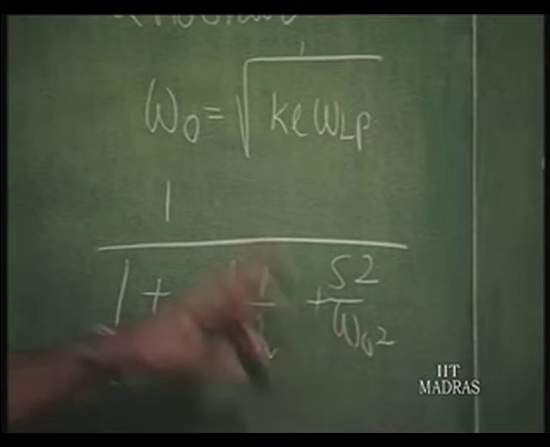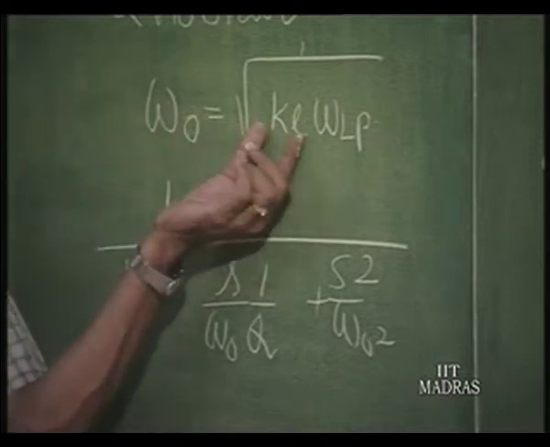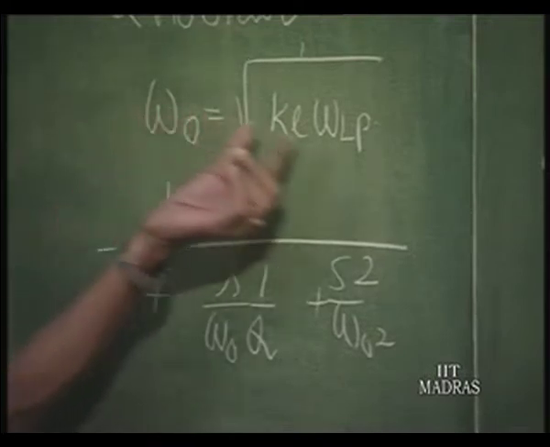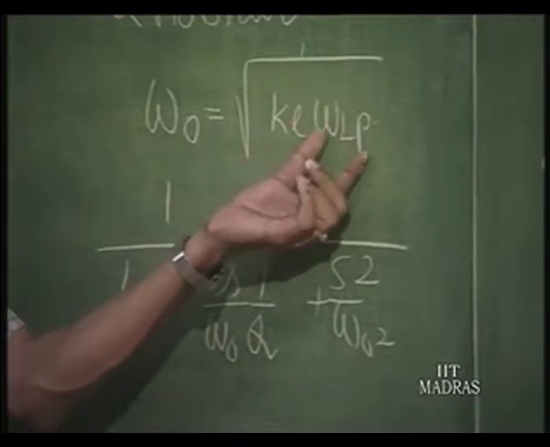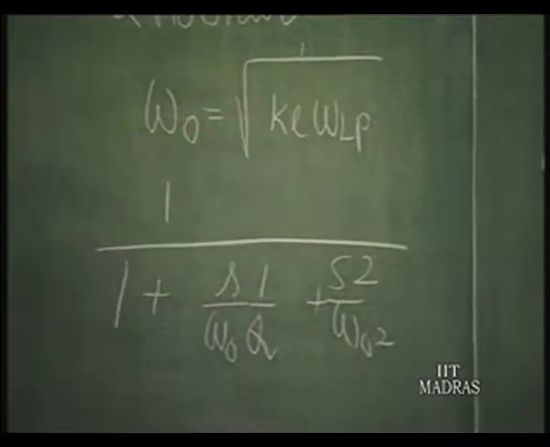So, omega naught is quickly identified as root of KL into omega LP. That means, if KL is high, the loop gain is high, omega naught is going to be high. But of course, omega LP may be low, so omega naught is going to be much less than KL itself.